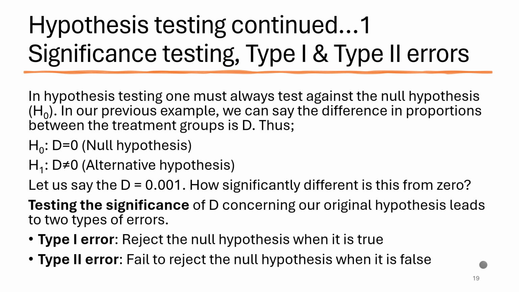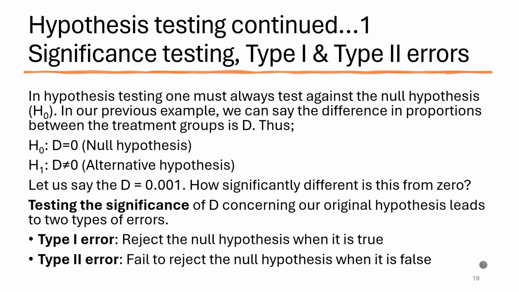Whatever difference we find in proportions is equal to 0. Then our alternative hypothesis is that D is not equal to 0. We don't know whether D is bigger than 0 or whether D is smaller than 0, but D is not equal to 0. So let us assume, in this case, that D is equal to 0.001. It's a very small number.